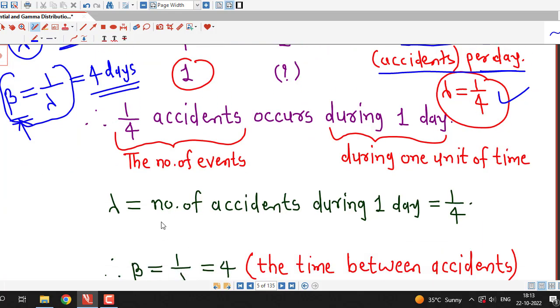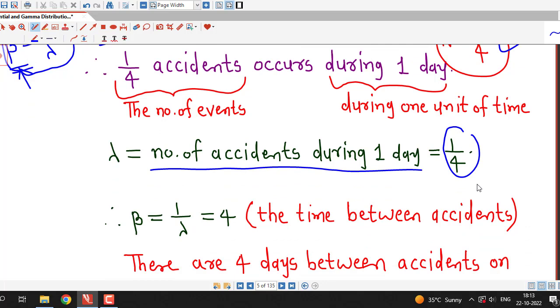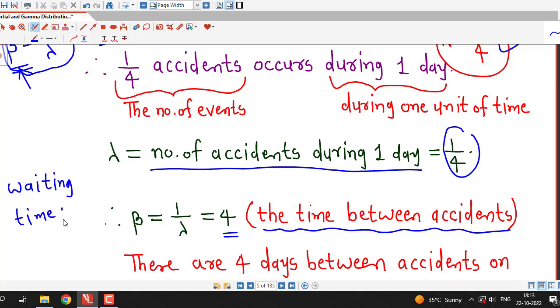So here I have written lambda equal to the number of accidents during one day, that is 1/4, and beta is nothing but 4, that is the time between accidents. So beta is the scale parameter and it is the mean waiting time between events.